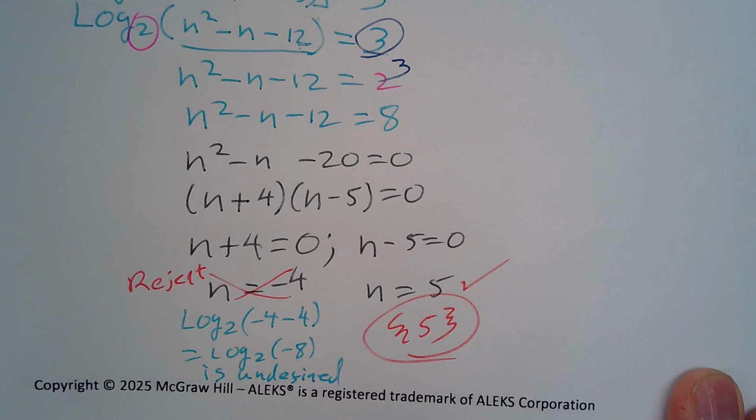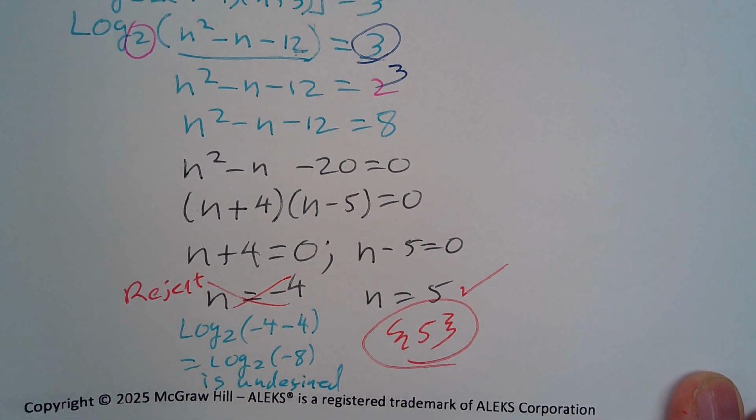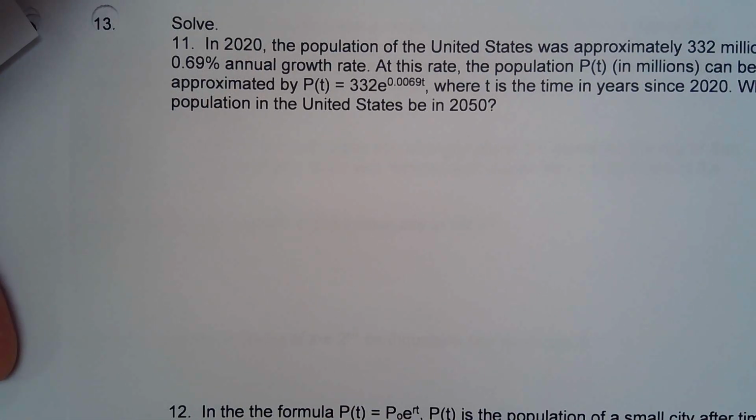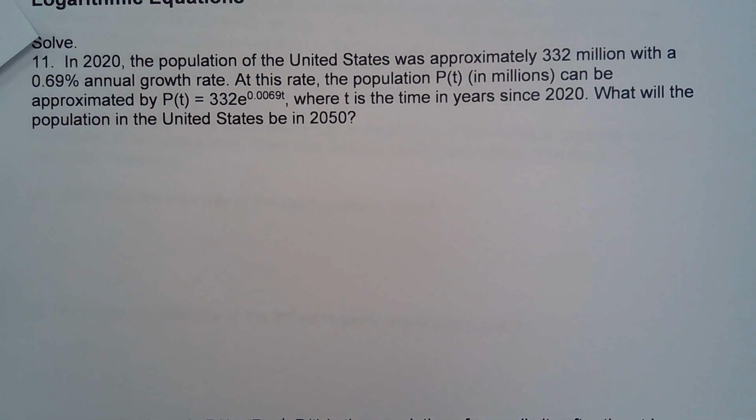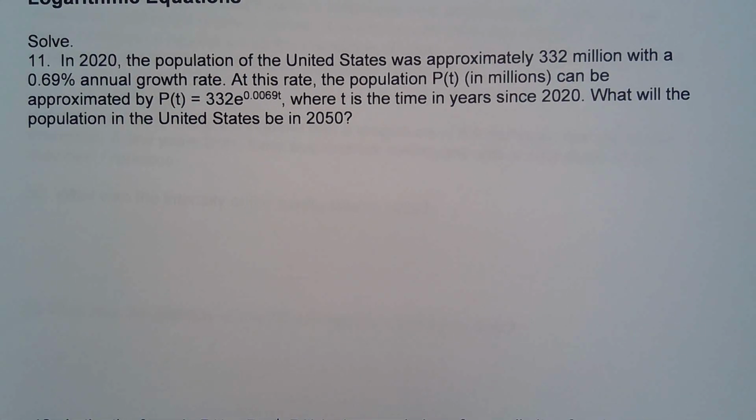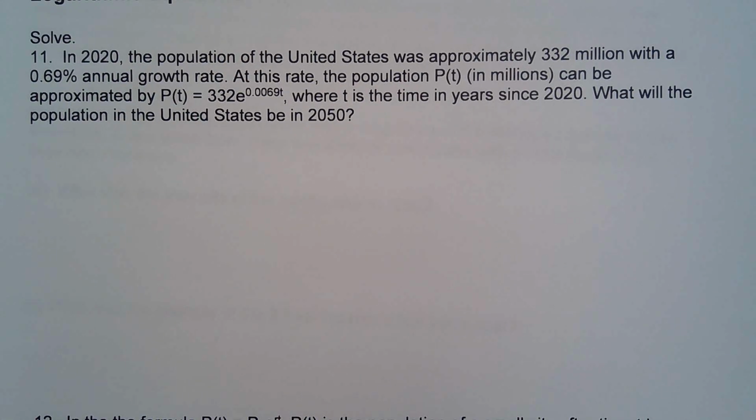So let's turn the page. And let's do some applications. We've been doing all this solving, and now we're ready for some applications. In 2020, the population estimate was approximately 332 million with a 0.69% annual growth rate.